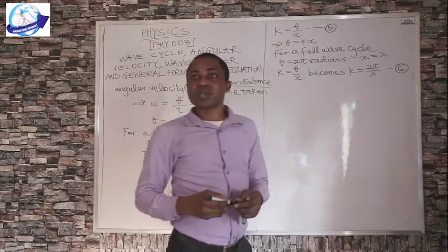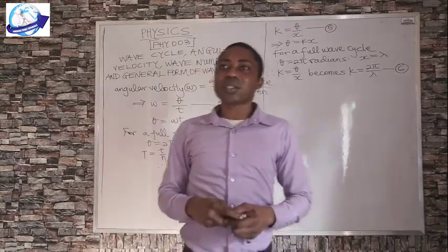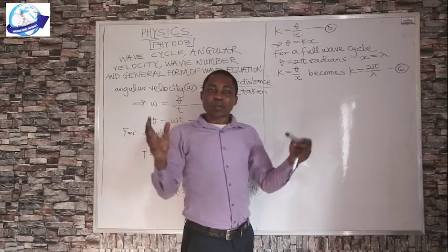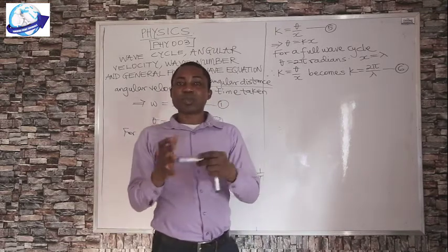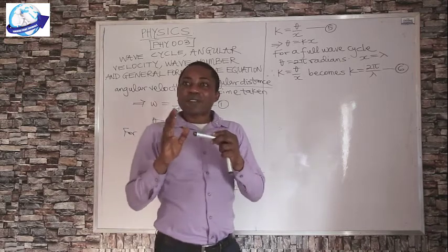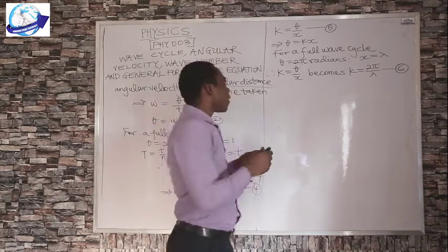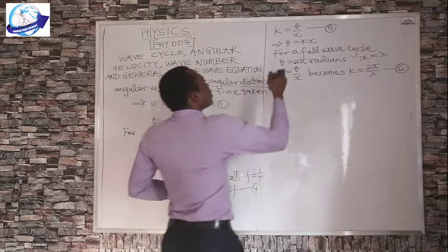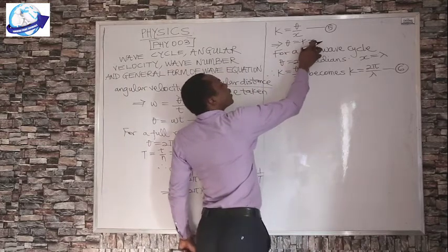Now the next thing to consider here is the combination, the new adjustments we want to make. We said that our phase angle, theta, will be equal to kx.